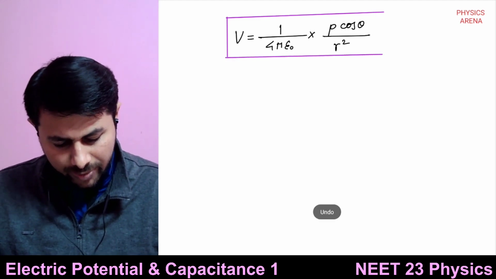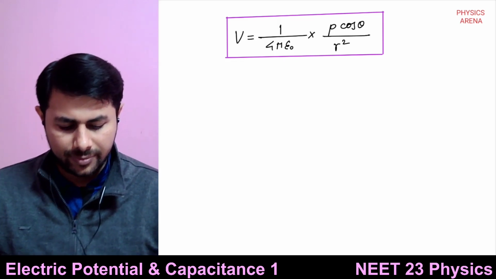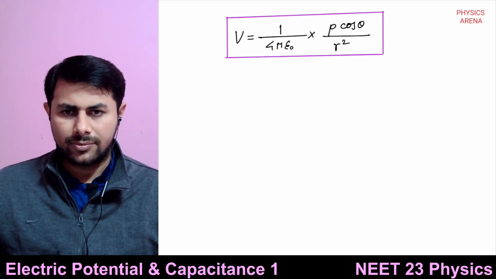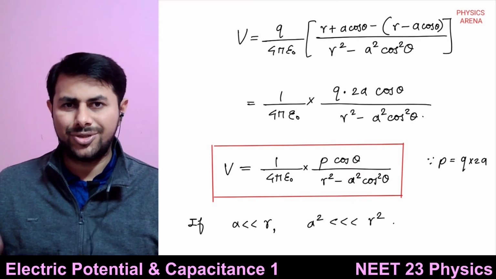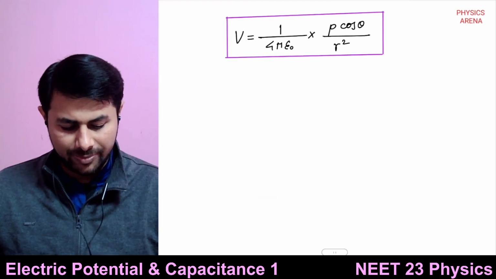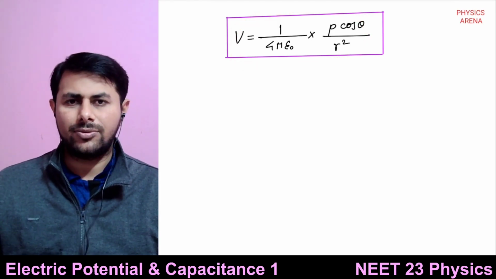So this is the formula for the electric potential due to a dipole. This is an approximate formula, and 99% of the time this formula will be used. We don't even need the earlier formula. That is also an approximation, but 99% of the time this formula will be used for potential due to a dipole.